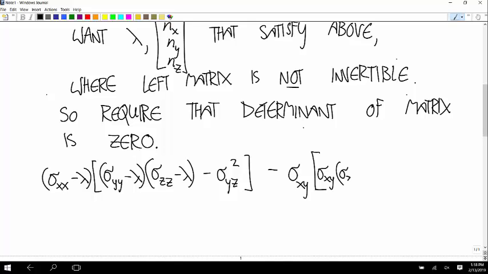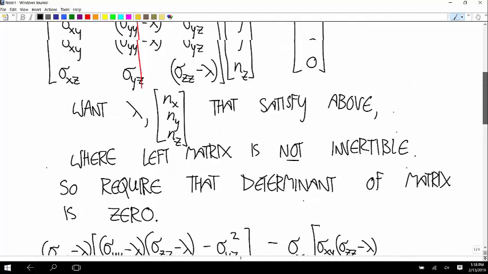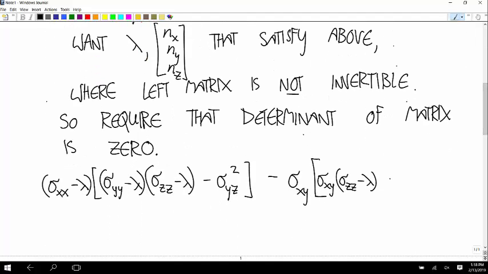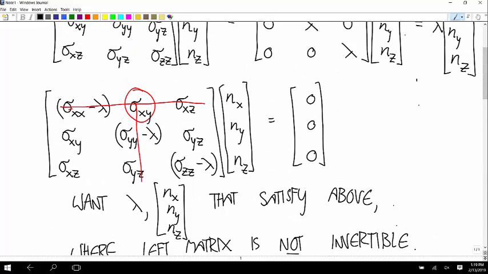So sigma zz minus lambda, and then minus sigma xz times sigma yz. And then plus, now we go to the last one along that row.